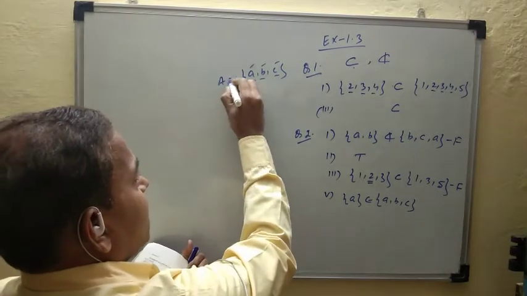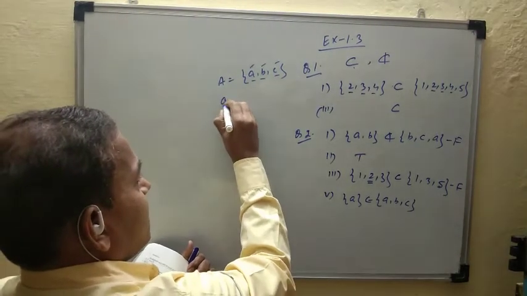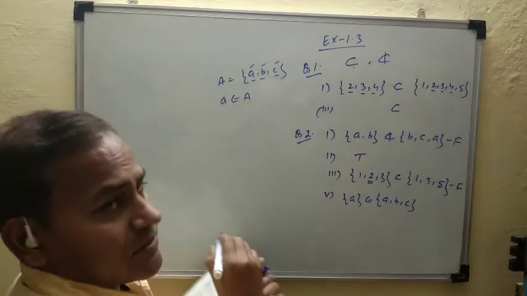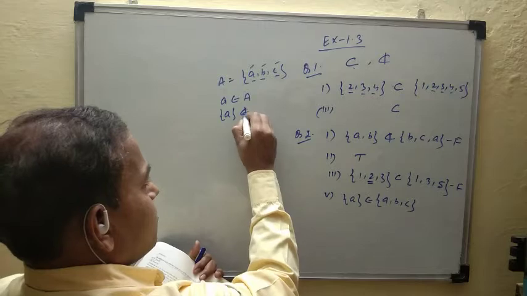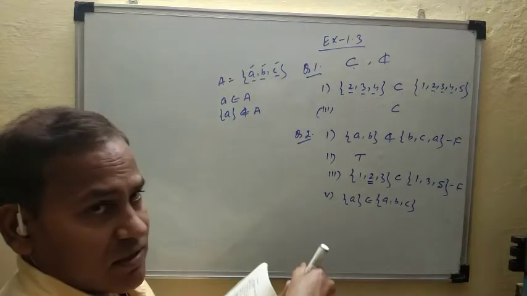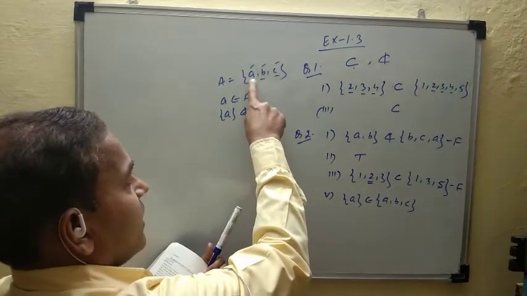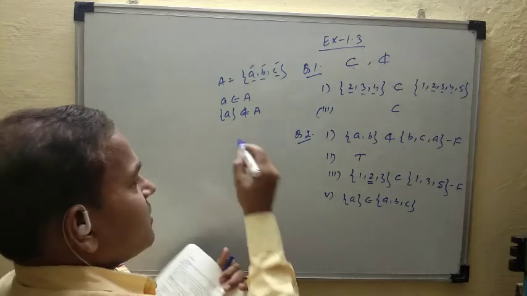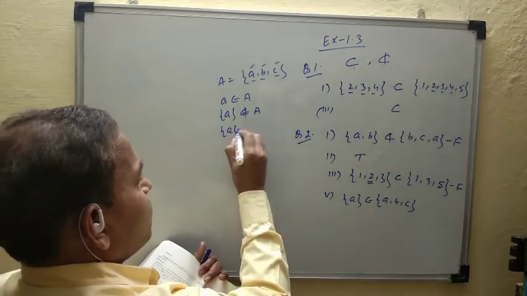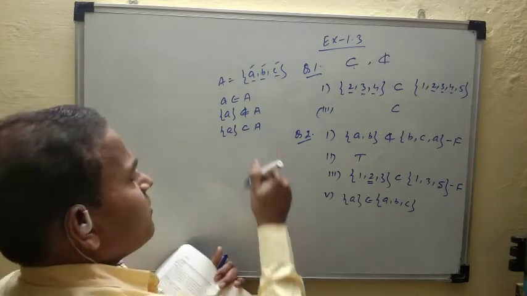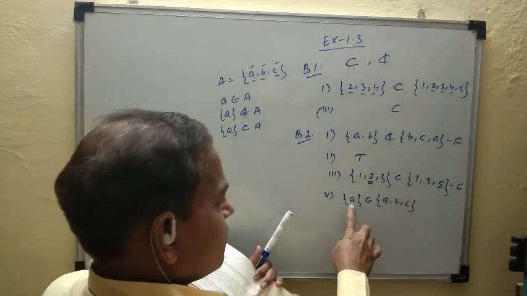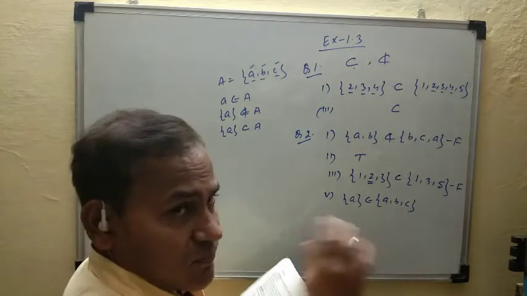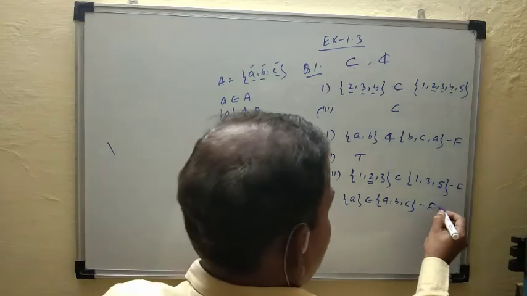And suppose this set is A, then we say that A belongs to set A. The curly bracket {A} does not belong in set A. Only 3 elements A, B and C. {A} is a subset of set A, but here it is said {A} belongs to it. So this is a false statement. This is also false.